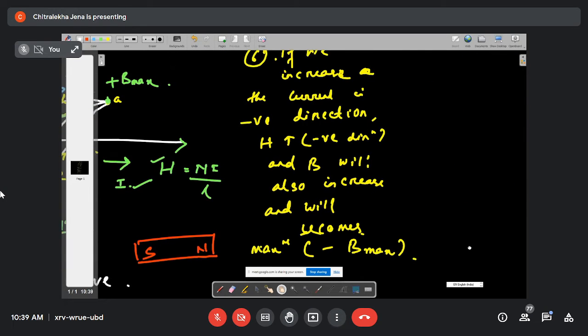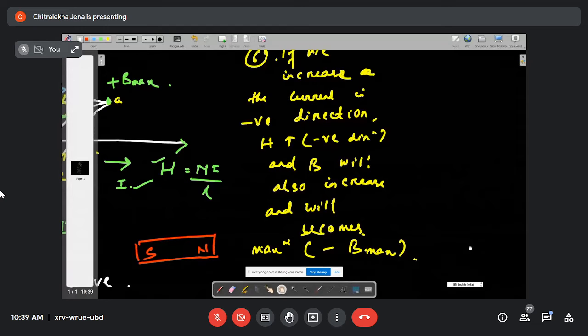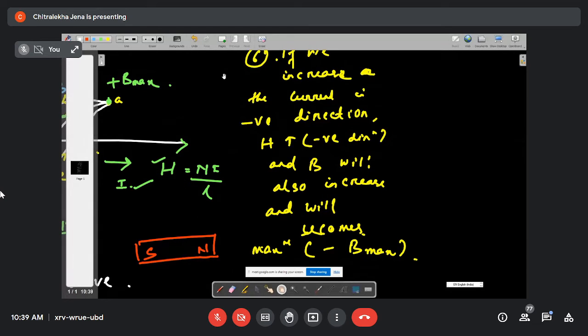Yes, we write down: if we increase the current in the negative direction, H increases in the negative direction, B will also increase in the same negative direction, and will become maximum at minus B maximum. What is the path? Path is your CD.